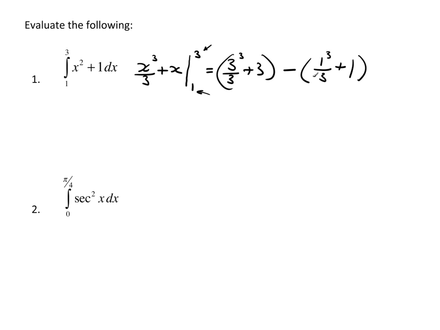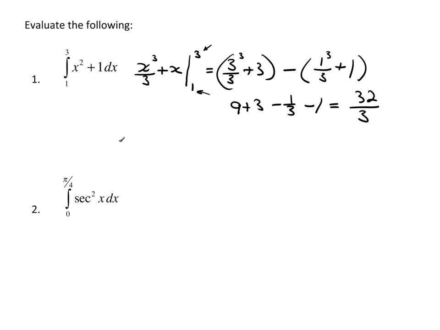Now this is just a number. And when you evaluate this, you'll get 9 plus 3 minus 1/3 minus 1. And when you fiddle with that, you're going to get 32 over 3. Now, very quickly, let's do another quick example.